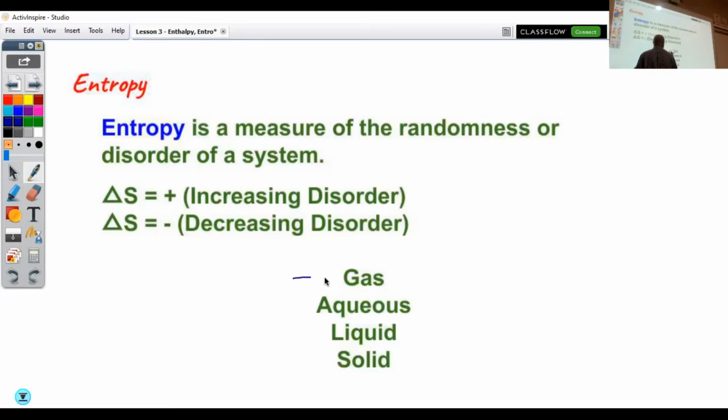So when we think about the amount of disorder, if you have molecules that are in the gaseous state, those are the most disordered. Then, of course, you go to aqueous solutions, liquid solutions. Aqueous is more disordered than liquids because aqueous is made up of 2 different substances, right? If you think about the water as a solvent, and then the different ions that are floating around. Liquid and then solid would be the most ordered or the least disordered.